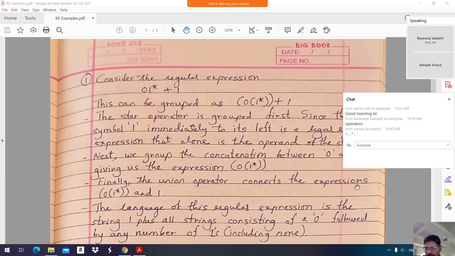Quickly, all of you type the three different operators which are used in the regular expressions. Yes, plus, star, and what is one more? I think most of you are missing another one.